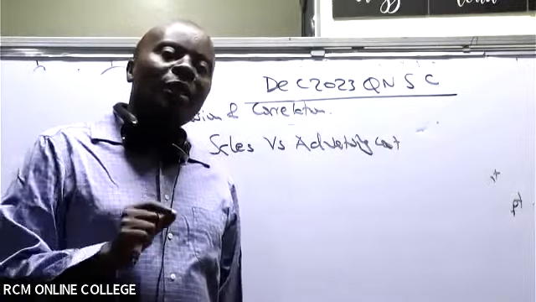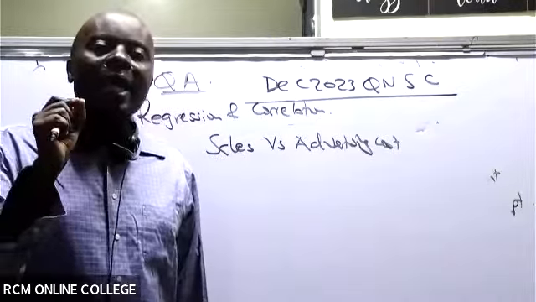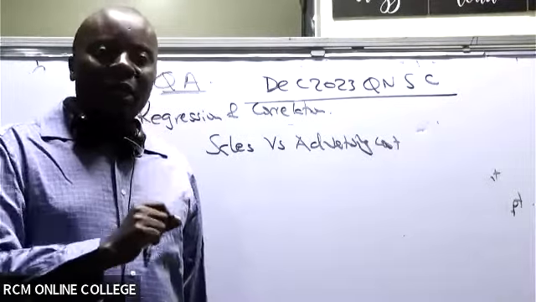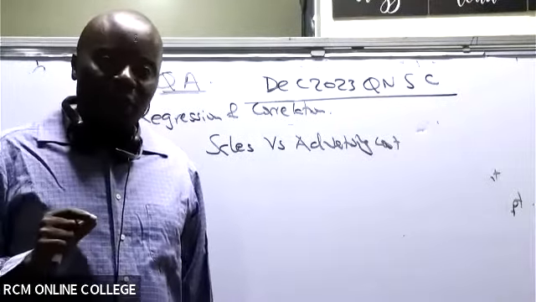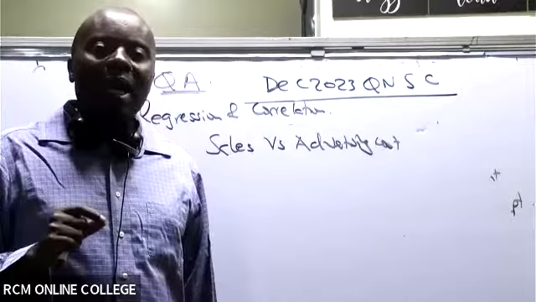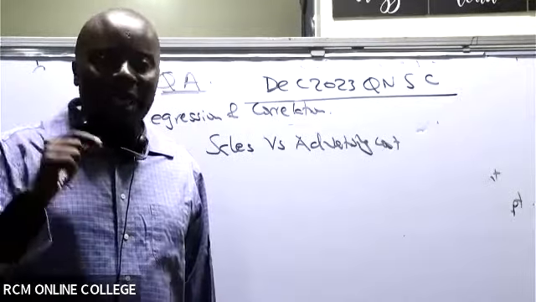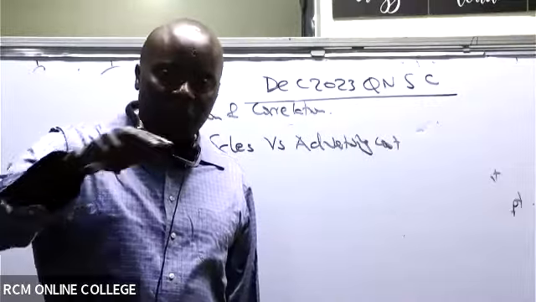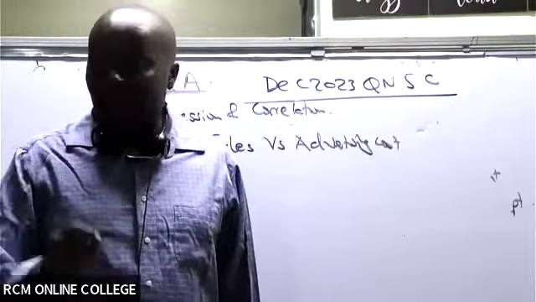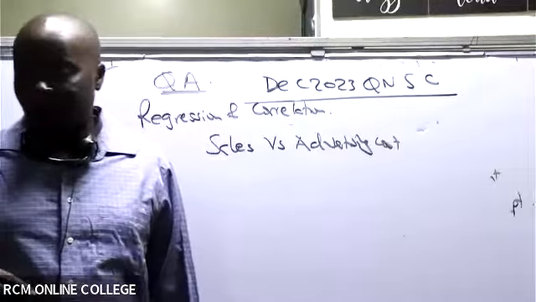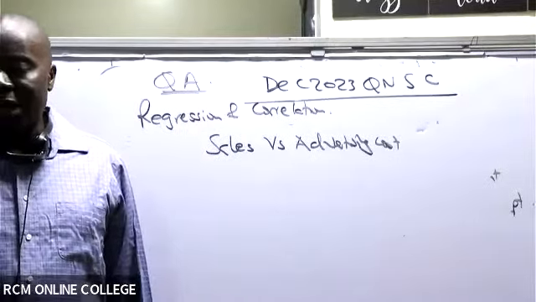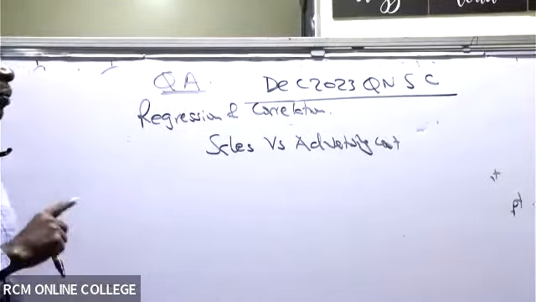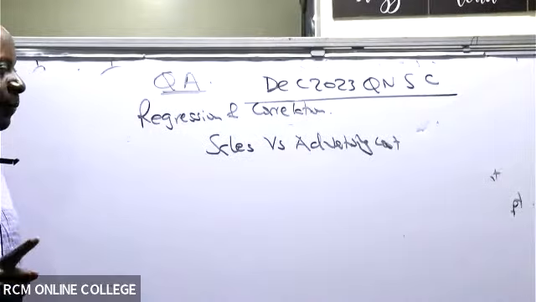If you're told to form an equation capturing the two variables, such that one must be y and the other must be x, very many students will confuse the two variables, and then they end up getting a 0 in the entire question. If you miss this, you will get a 0 totally.